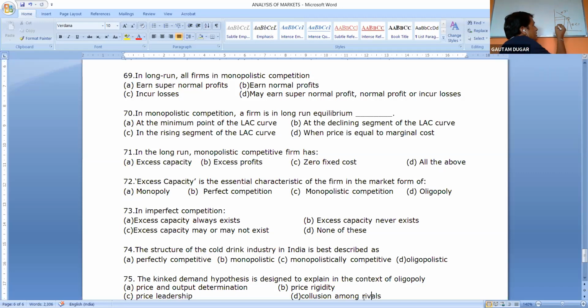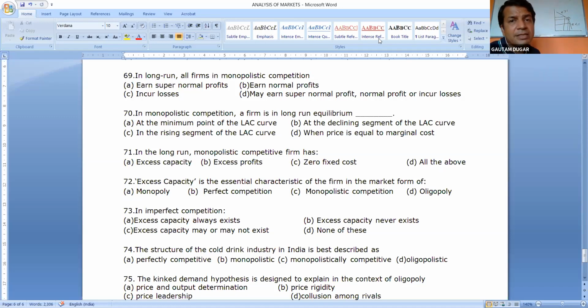And vice versa, if the prices are reduced, the demand will increase by a lesser proportion. Why? Because if I reduce the prices, my competitors won't sit idle.